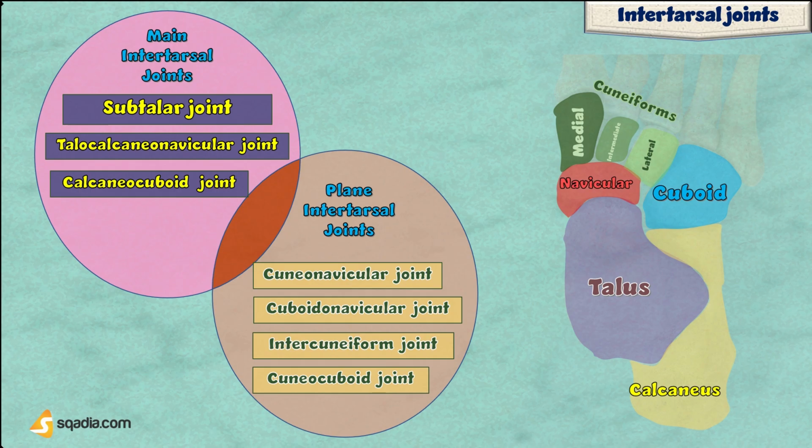These are united by adjoining ligaments. Let's take a closer look at these joints, starting with the main intertarsal joints.